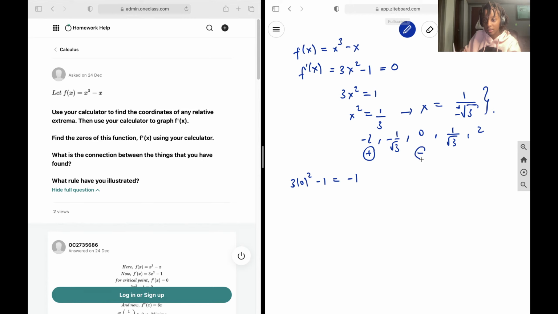So you expect a negative gradient. And then next up, we're going to test 2. So 3 by 2 squared minus 1, that's again going to give us 12 minus 1, which is 11. So you expect another positive. So our function should look something along the lines of this.